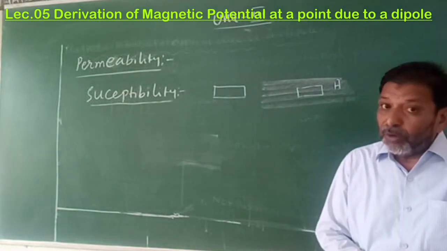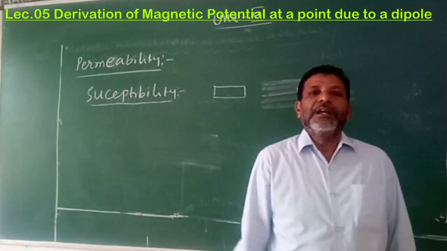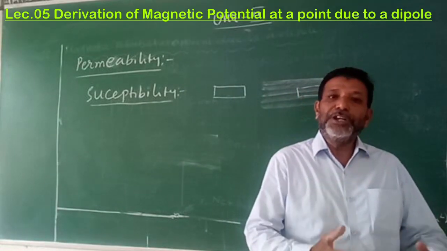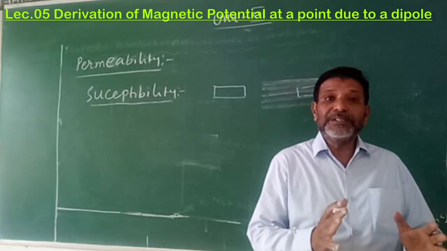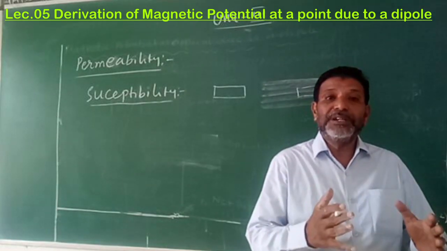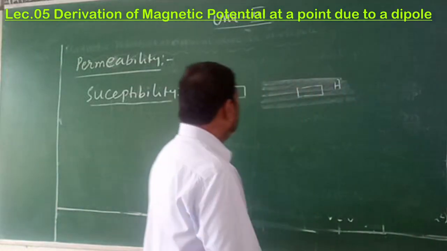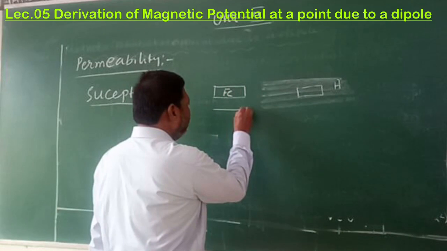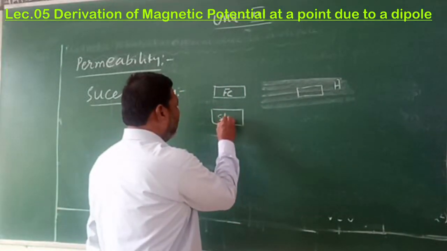Now, this shows that, listen carefully here, when different materials are placed into the same magnetic field, then the different materials are magnetized to different extents. Its meaning is that, let us consider this is iron, and the other you take as steel.